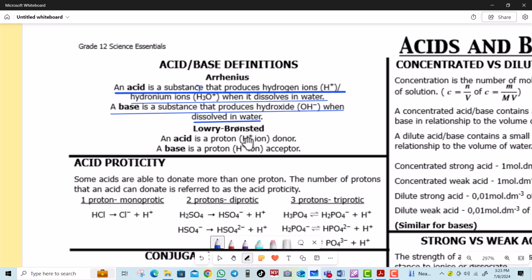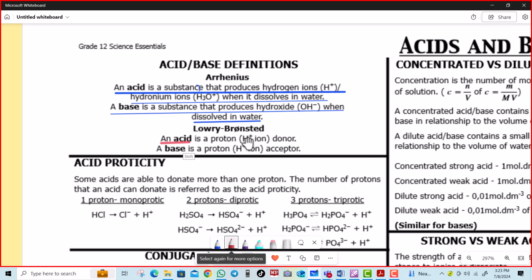So the question can say, define an acid using Bronsted-Lowry. He said that an acid is a proton donor. Full stop.